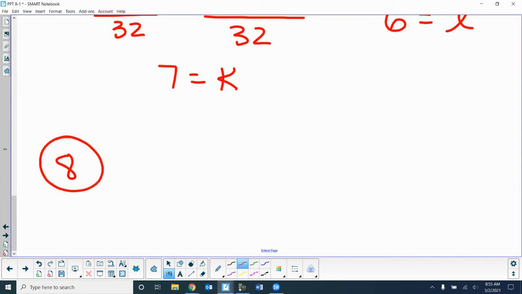Number 8, the total cost, C, of electricity for a particular light bulb varies jointly, so equals K times a couple things. Varies jointly as the time T that the light bulb was used and the cost K per kilowatt hour. Another K, why'd they do that to us? All right, C is 12 cents when T is 50 and K is 6.